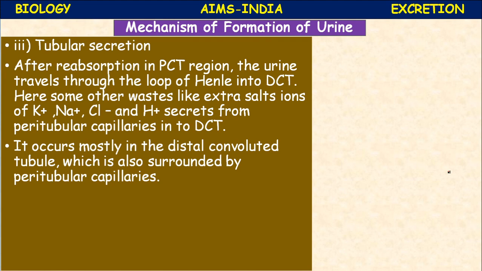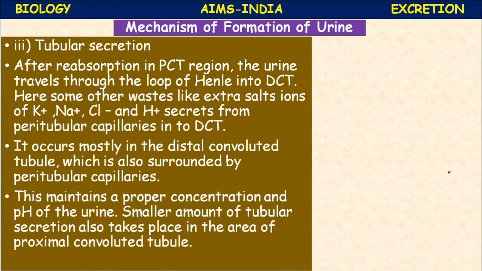It occurs mostly in the distal convoluted tubule, which is also surrounded by peritubular capillaries, meaning very minute blood vessels.